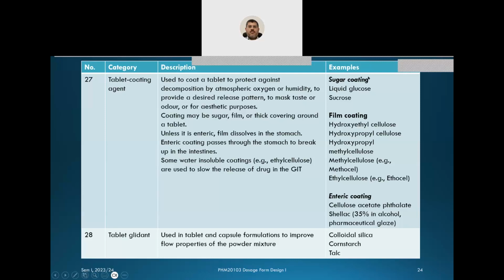So we may use sugar coating just to mask the taste or odor. In this case, we make a coat on the tablet made from glucose or sucrose. And for aesthetic purposes, if we want to give some nice color, we can use film coating.